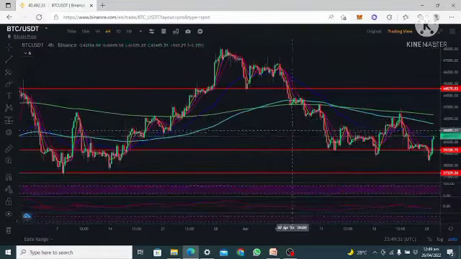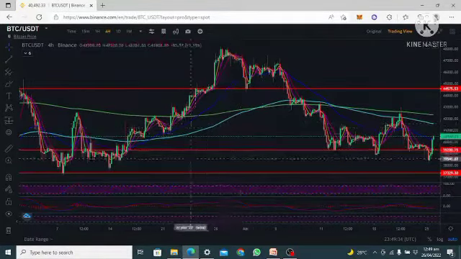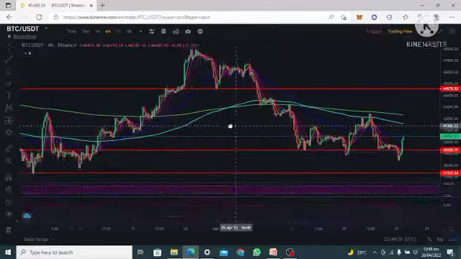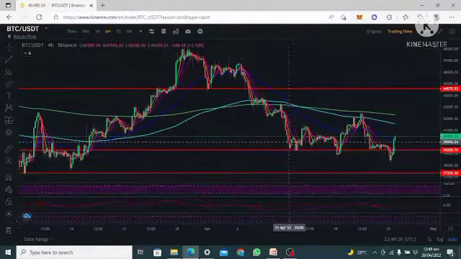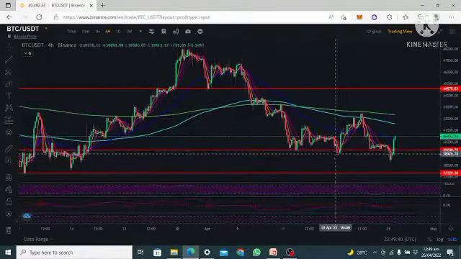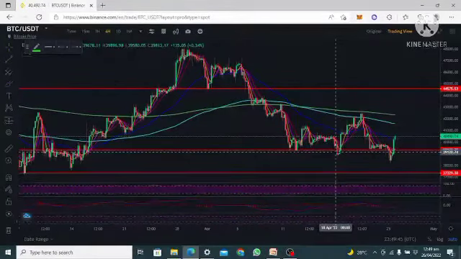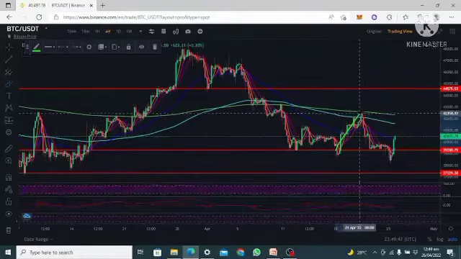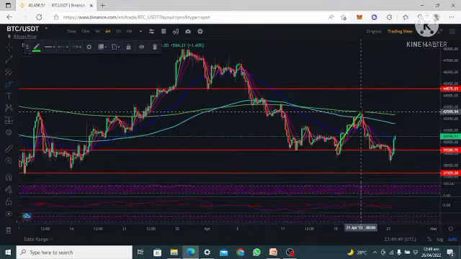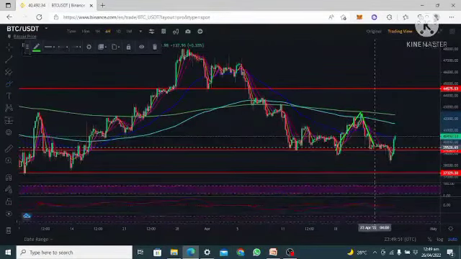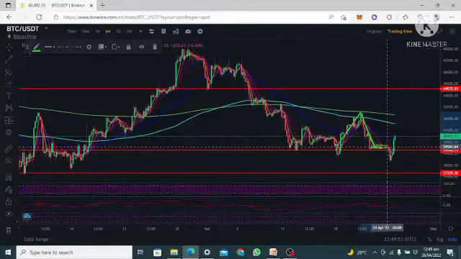So now we can say the market moved from this particular place to the upside. We can see a move from here to the upside, and we saw a retracement back to the downside, and there was a consolidation at this particular place.